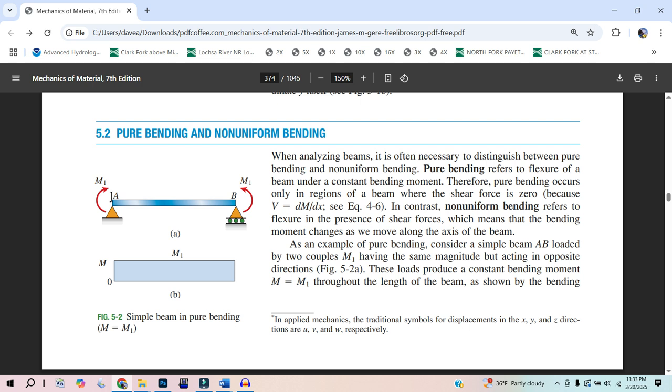And then that would generate a couple right here. But between my finger at this very end at point A and my other finger on the top pushing down at this point right here, I'm going to get a shear force to develop in that region. And so that's a good practice problem.